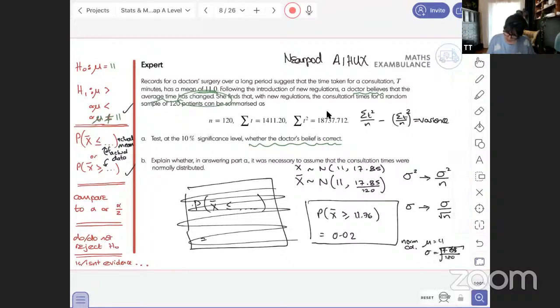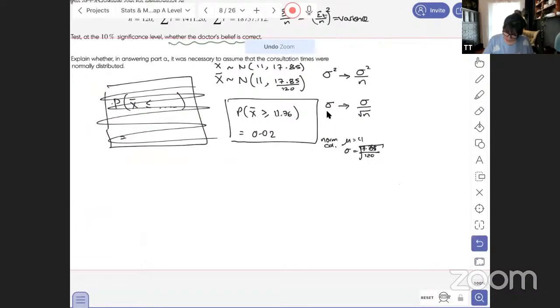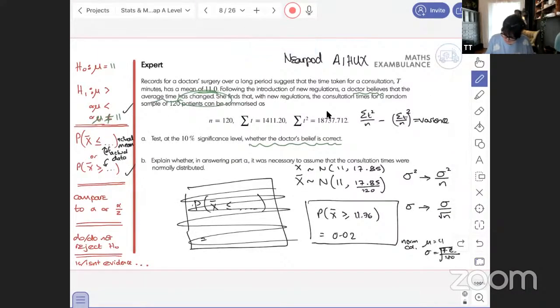And then you tell it that x is 11.76, then that will tell you this area. And then you do 1 minus to get the little area to the right.